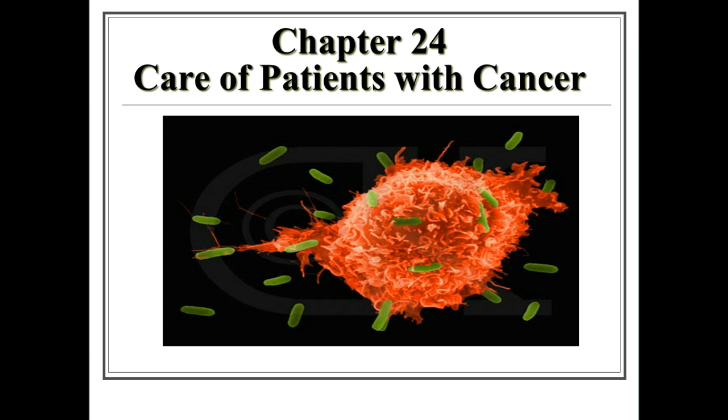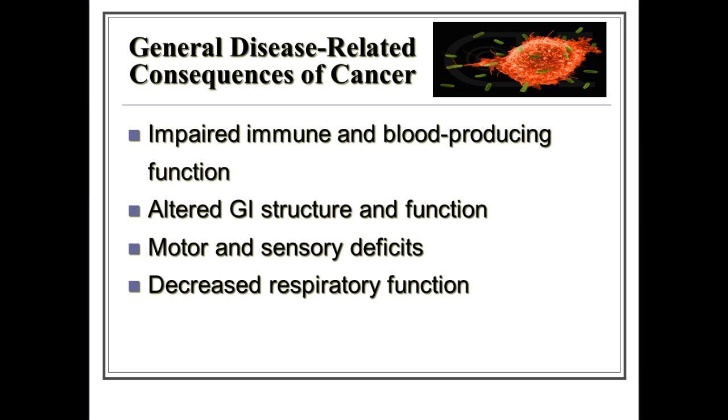Chapter 24 is care of patients particularly with cancer. We're going to start this lecture off talking about general disease-related consequences of cancer. Impaired immune and blood-producing function, altered GI structure and function, motor and sensory deficits, and decreased respiratory function are some of the main things.